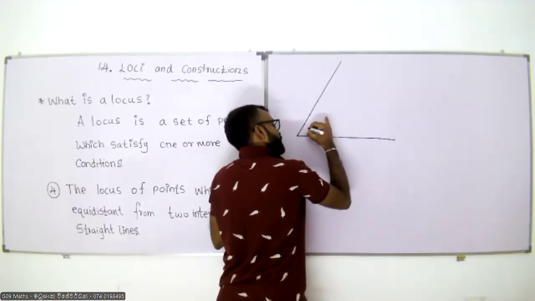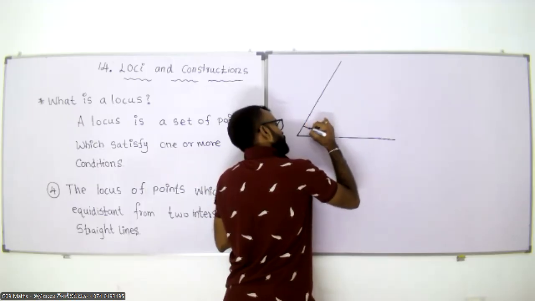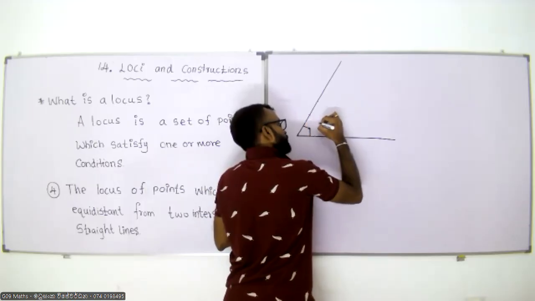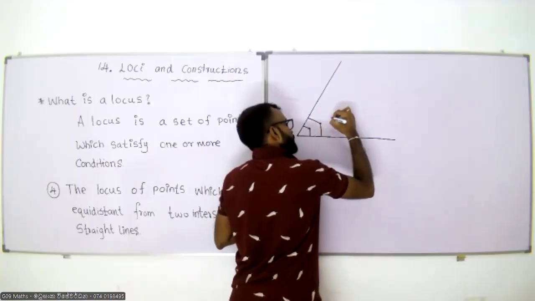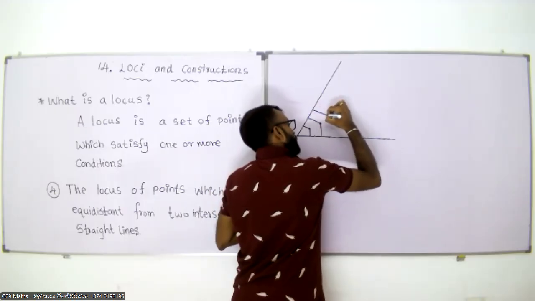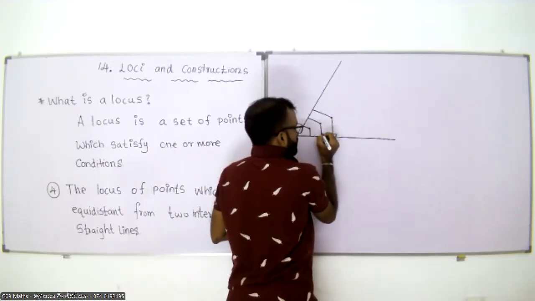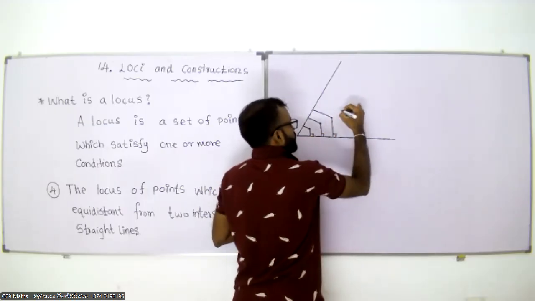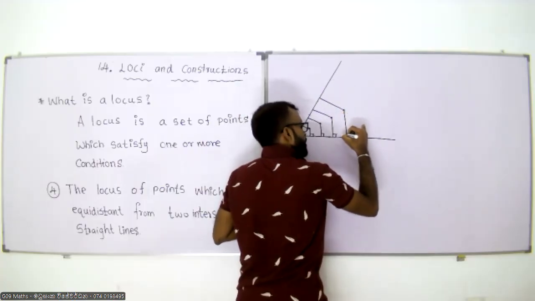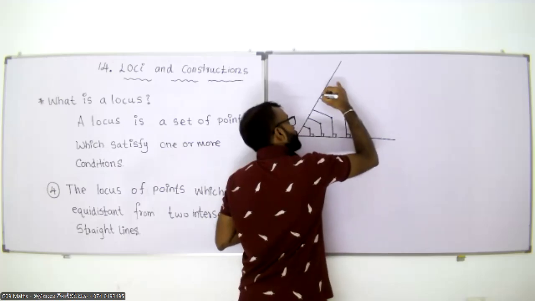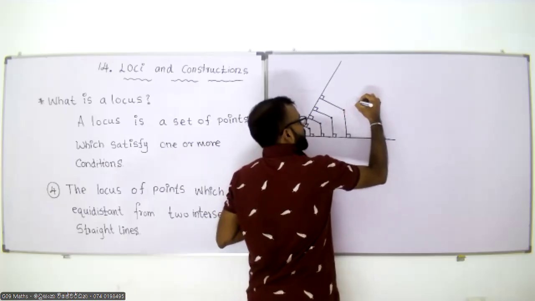Here, this distance. What can you say about this distance? Perpendicular length should be taken. Arun, what can you say about this distance? 90 degrees, 90 degrees, 90 degrees.